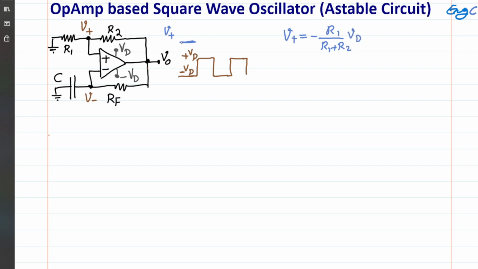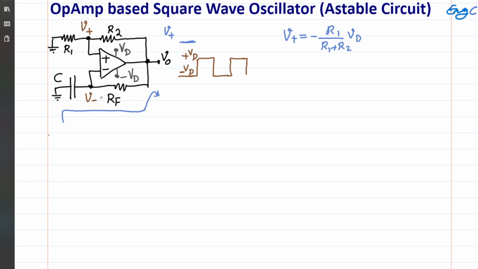So at this voltage VR, now when we are in this range, assuming that initially this voltage at the negative terminal is at some value, then it has to reduce, because there is a current flowing through this capacitor from 0 voltage toward the negative voltage at the output.